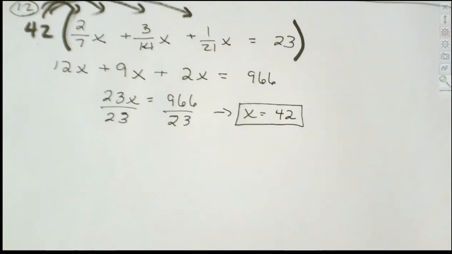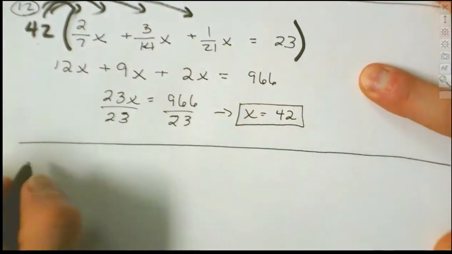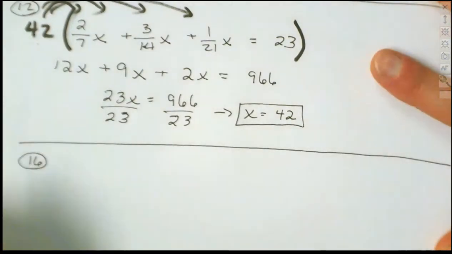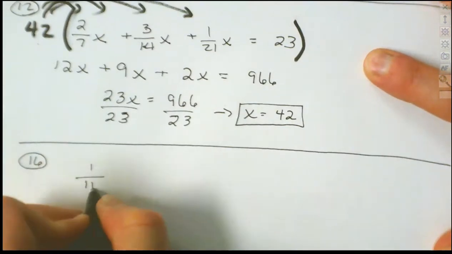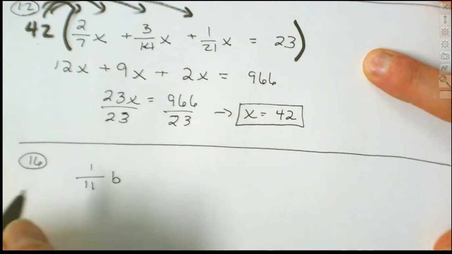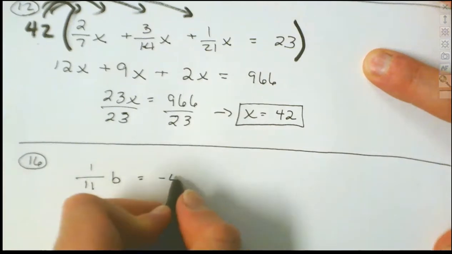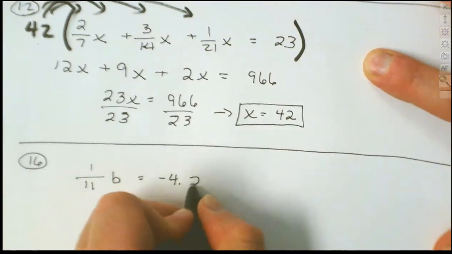Question 16. One over 11b equals a minus 4.22.